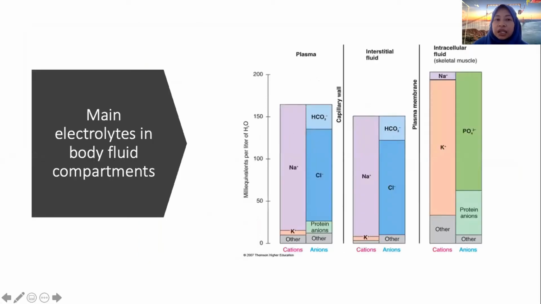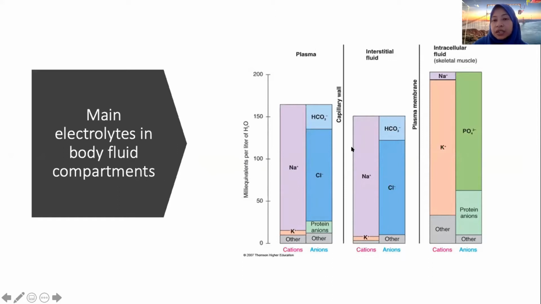So what are the main electrolytes in the body fluid compartments? I'm sure you are all very familiar with this. In the extracellular fluid, which is the plasma and the interstitial fluid, the main cation, cation referring to the positively charged ions, is sodium. So sodium makes up the main cation in the extracellular fluid in both compartments.